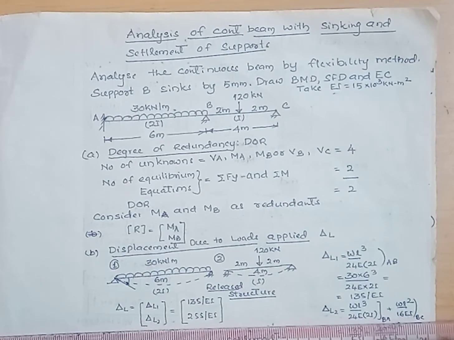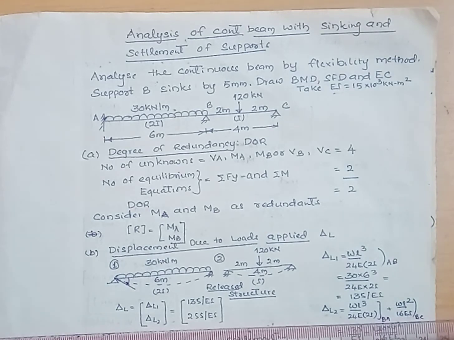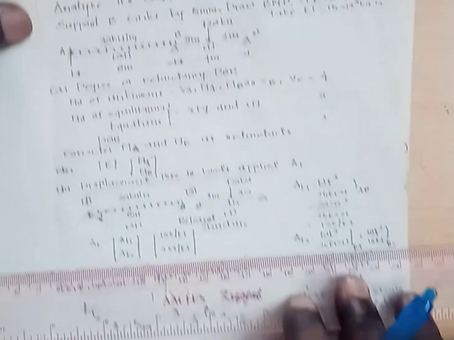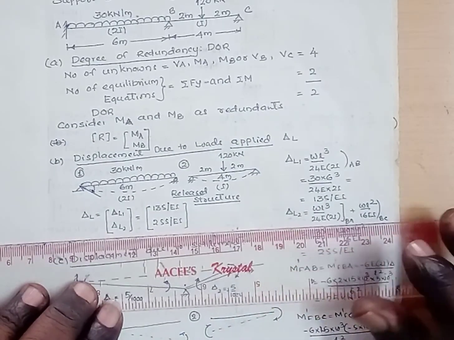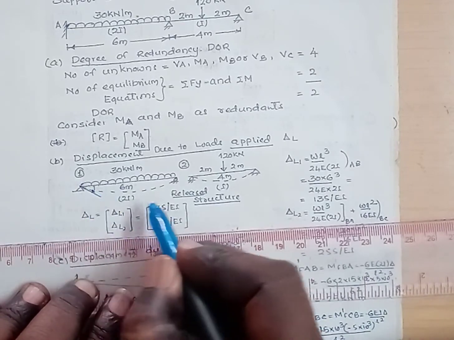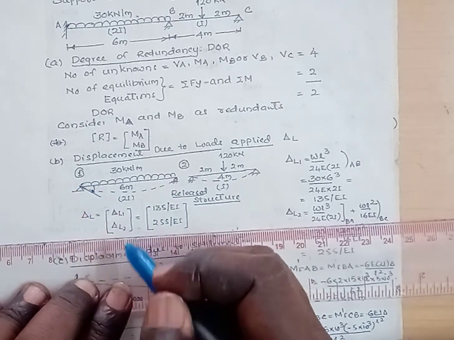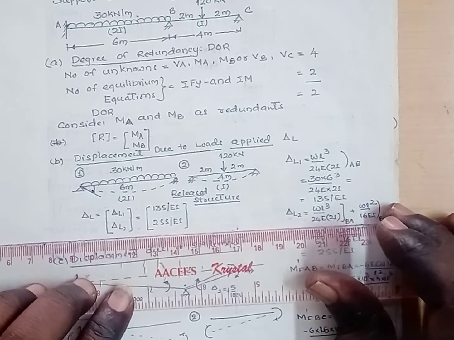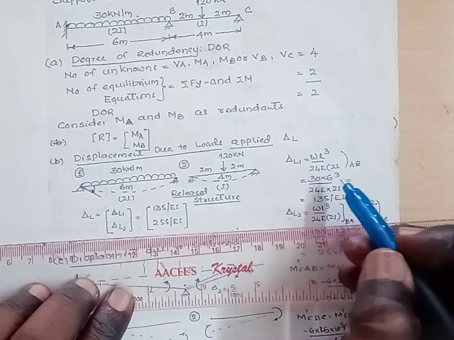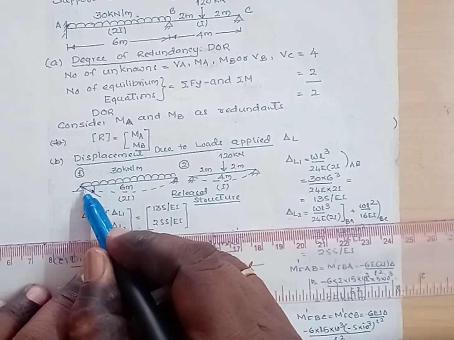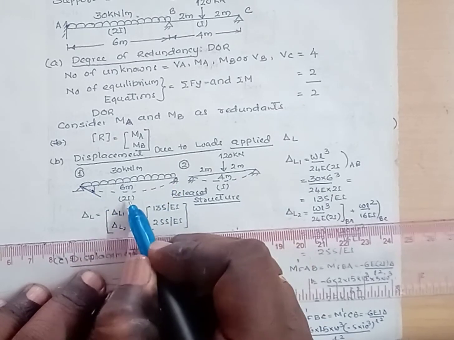Due to the load, we have to calculate the displacement at coordinates 1 and 2, that is, the slopes. Due to the UDL at coordinate 1, delta L1 is the displacement; the beam will undergo deformation like this.